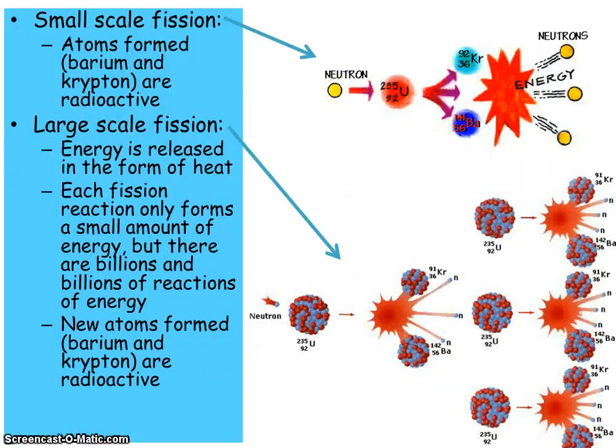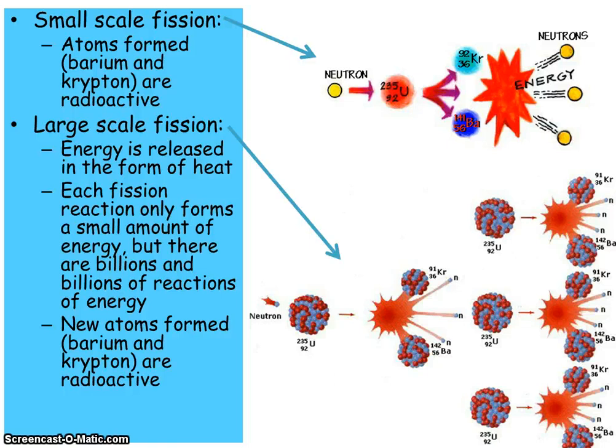Okay, so if we have a look, there's a diagram here that will explain that. So as I said, you've got a neutron that's fired into uranium. The uranium is split, and it forms barium and krypton, which are also radioactive, but it also releases more neutrons.